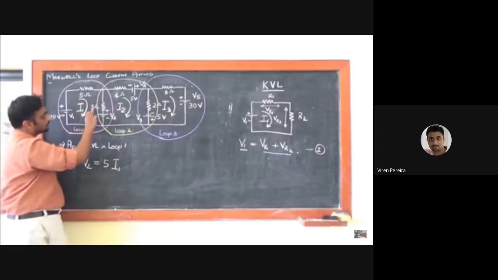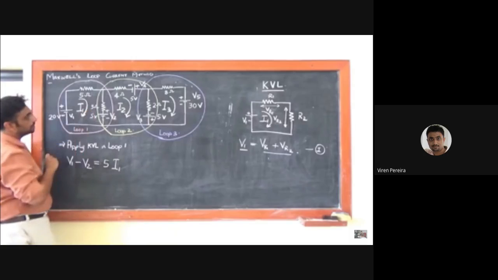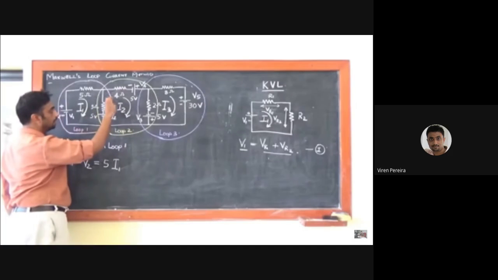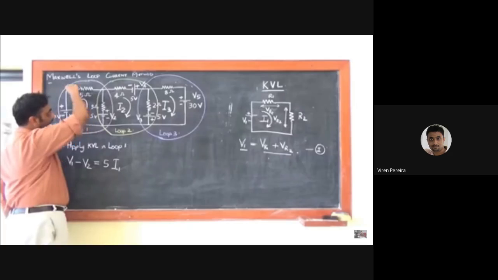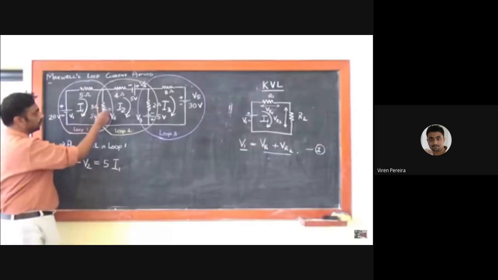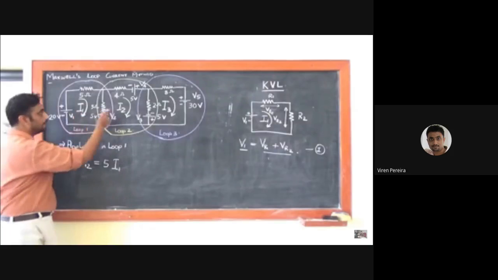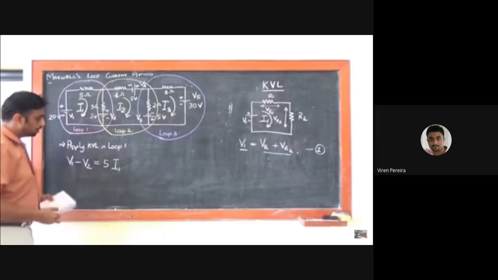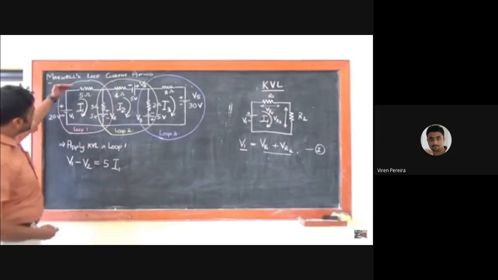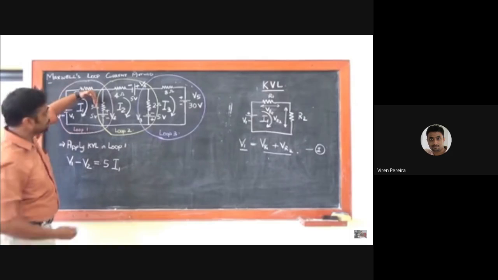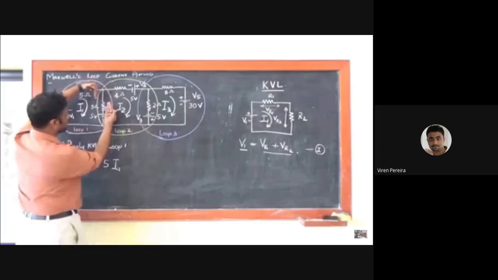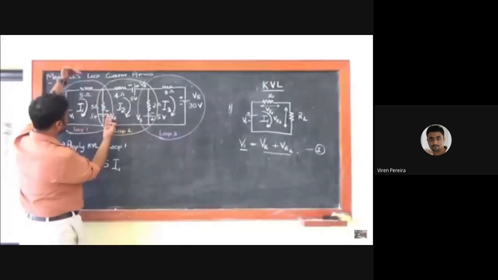But in this third resistor which you see of 3 ohms, there is an I2 current which is also responding, and there is I1 current also which is flowing. So you have two currents flowing in it. You have a combination of I1 and I2. I1 is basically flowing from this direction and I2 is flowing from this direction. So we have two directions, I1 and I2.